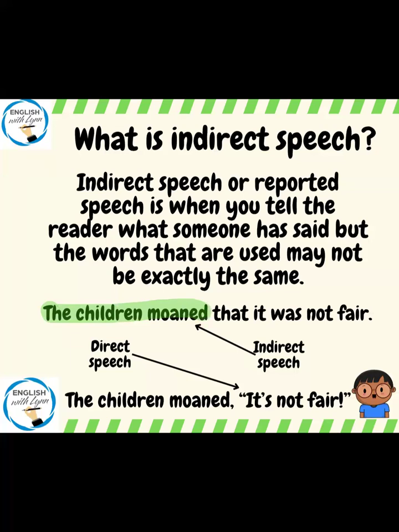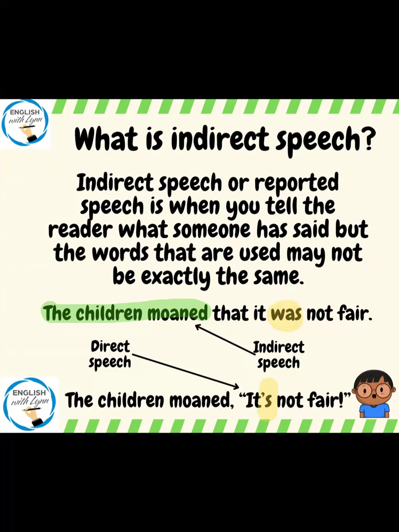And instead of saying "it's not fair," which means it is not fair, notice that the tense has changed. Okay, so it was not fair. So often when we do reported speech, you will change this bit here, that is, it is not fair. You're changing it into the past tense, so it was not fair.